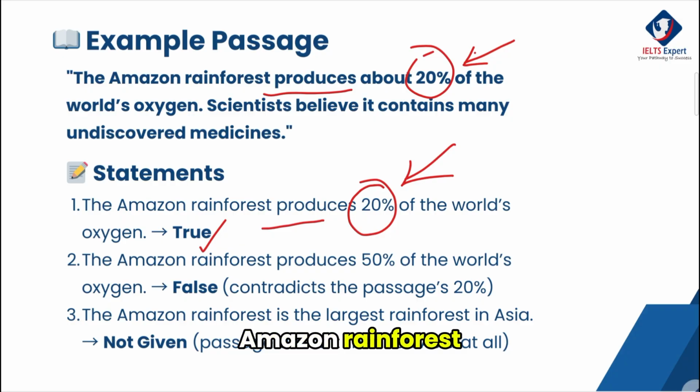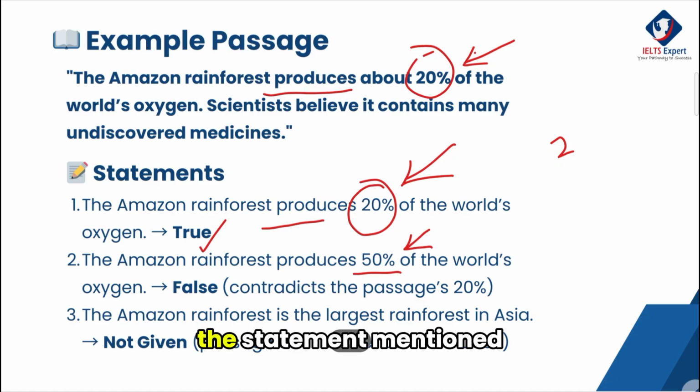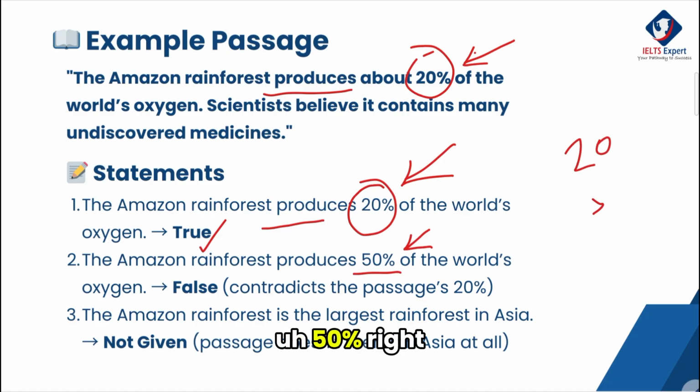The second one: the Amazon rainforest produces 50% of the world's oxygen. The second one also talks about the production of oxygen and about the Amazon rainforest. But the passage directly contradicts the statement, because the passage says 20% but the statement mentions 50%.